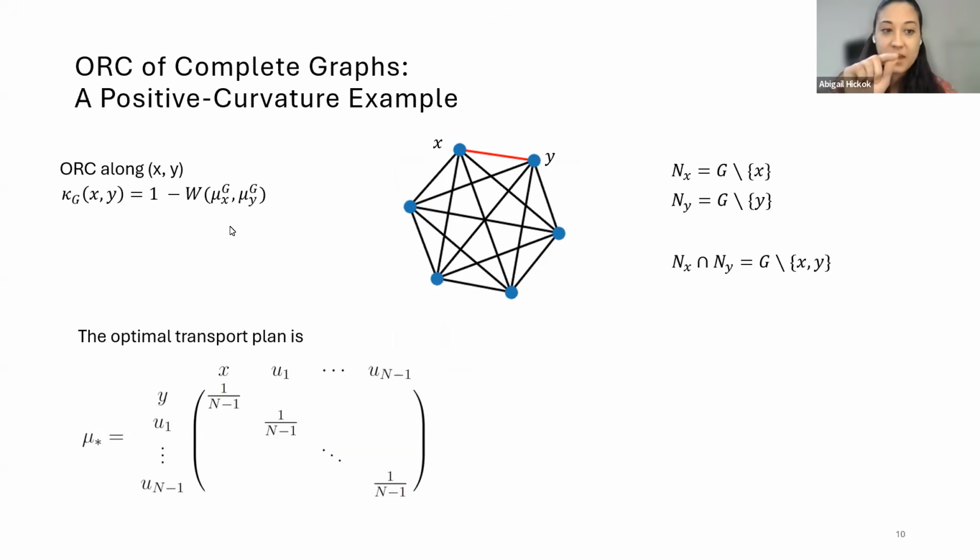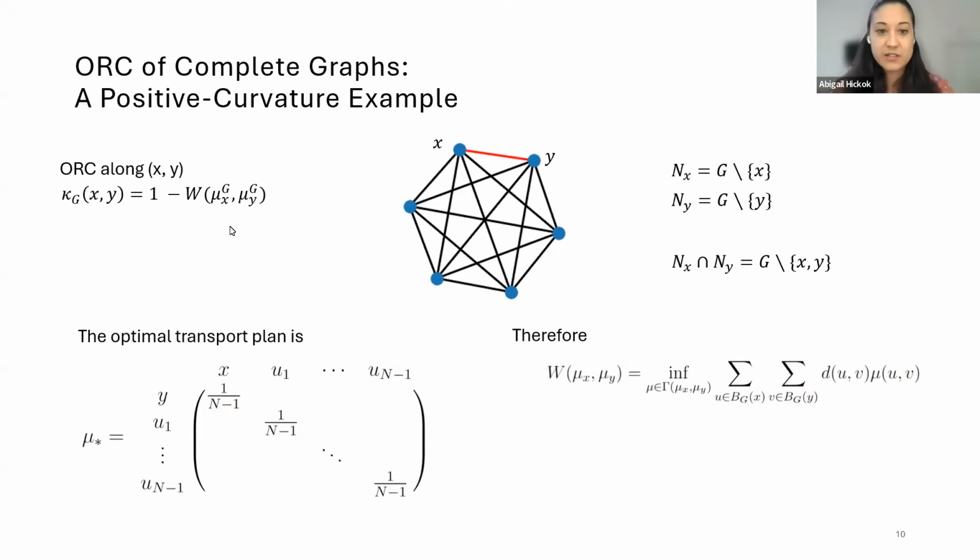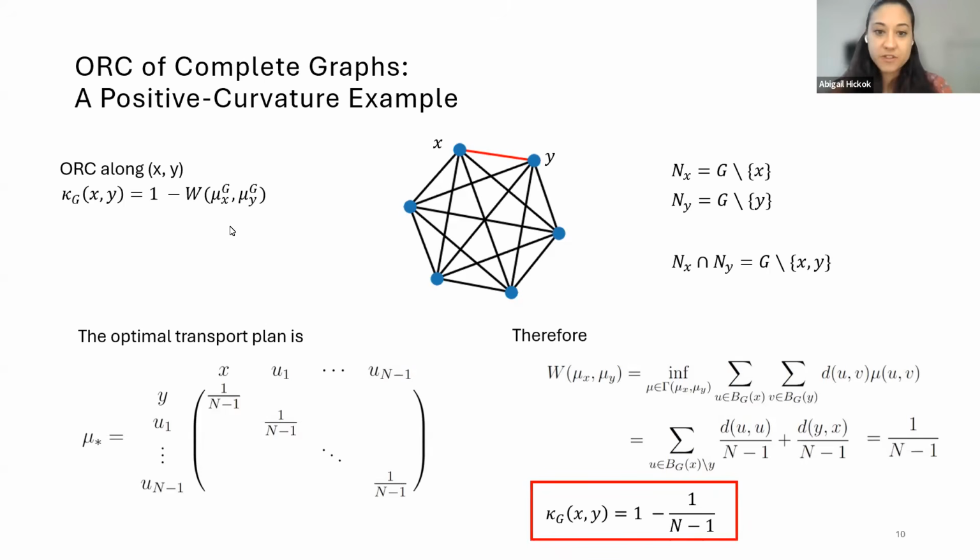And we move the mass at y to x and vice versa. So the Wasserstein distance here ends up being just 1 over n minus 1, where n is the number of nodes here. And so the Olivier-Ricci curvature is 1 minus 1 over n minus 1. So when n is large, this approaches 1, which is the highest possible value that this unweighted ORC can take on.